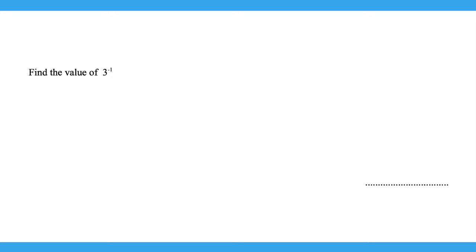Find the value of 3 to the power of negative 1. Now whenever you have a negative power, as you can see we have a power of negative 1 in this case, you will need to find the reciprocal. And the word reciprocal just means that you need to flip it around. Okay, so 3 just by itself is the same as 3 over 1.